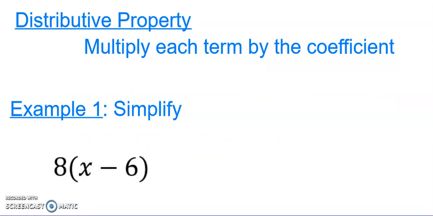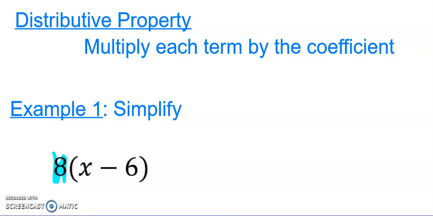The distributive property means we're going to multiply each term by the coefficient. So the coefficient is the number outside of the parentheses. So here, our coefficient is this 8. This is the number outside of the parentheses. So we're going to multiply 8 by each term inside of the parentheses.